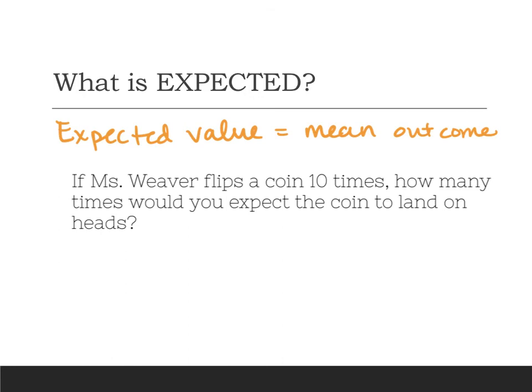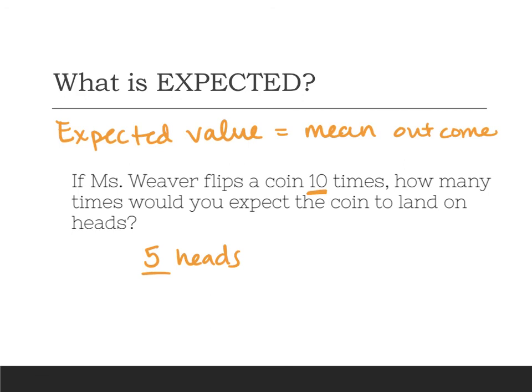We expect about half of the time that it'll land on heads, assuming it's not a trick coin, a weighted coin. A weighted coin means that it's weighted to where it will land on one side more frequently than the other. And so, out of 10 times, we would expect 5 heads.